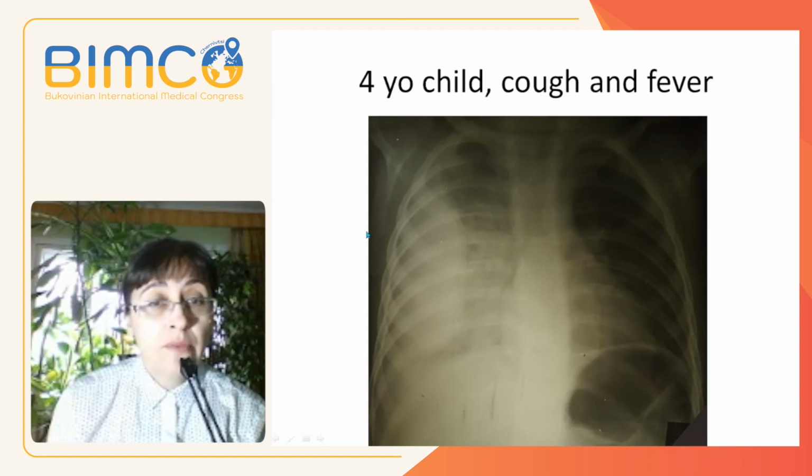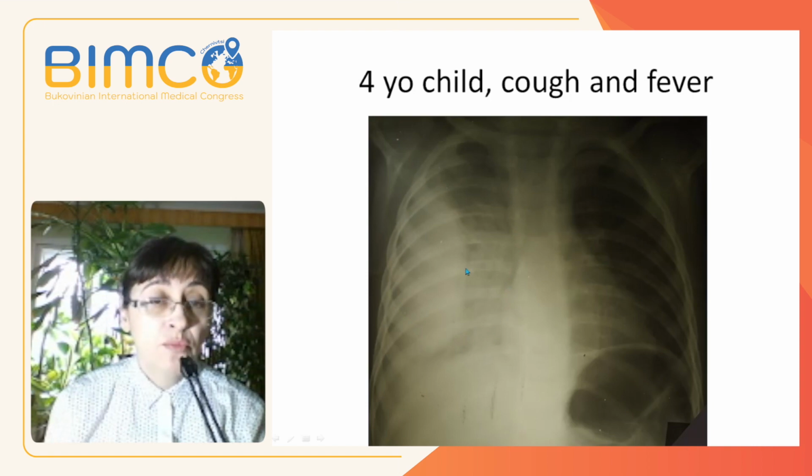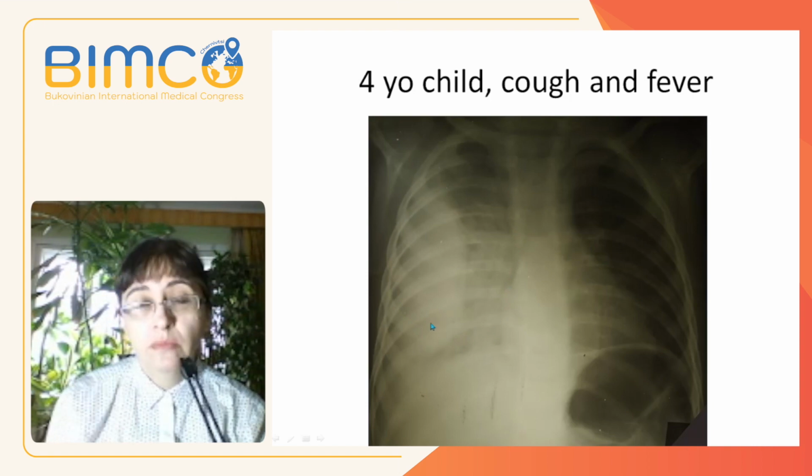This child also has the same changes, right-sided lobar pneumonia with parapneumonic effusion.